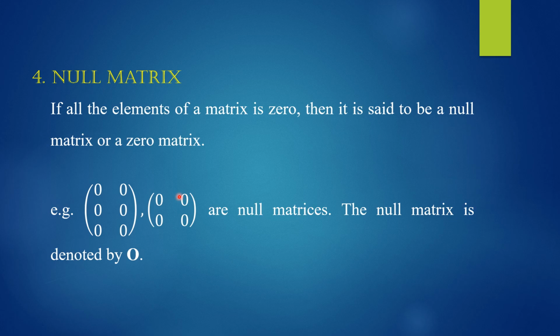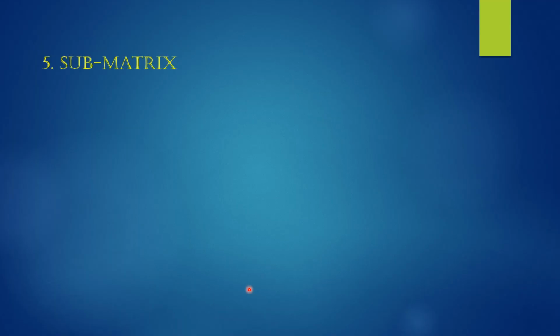Let me go to the next part, that is number 5, submatrix. The concept is submatrix means matrix within matrix. Like a subset, you know that subset means some elements of a set taken in another set, then this set is a subset of that set.